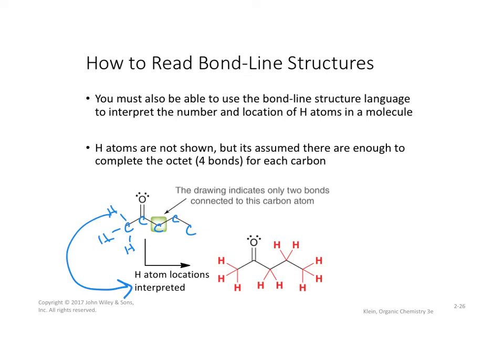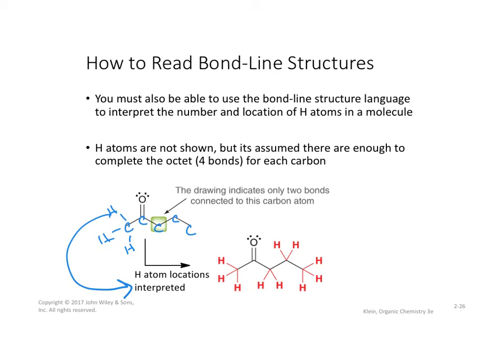Now what about the carbon double bonded to the oxygen? It already has a total of 4 bonds, 2 to the oxygen and 1 to the carbon on either side of it, so it's good. What about the carbon highlighted in green? Well, the bond line structure indicates 2 bonds to the carbon on either side.